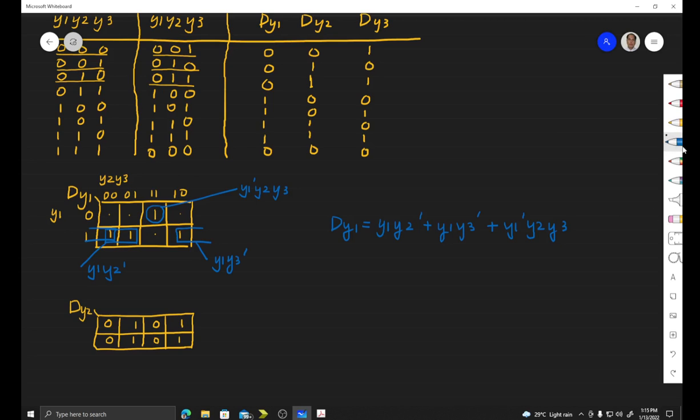So our equation for dy2 is actually y2 prime y3 plus y2 y3 prime, or this is actually y2 XOR y3.